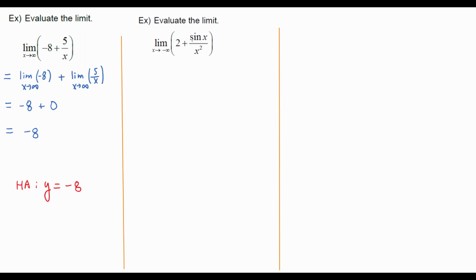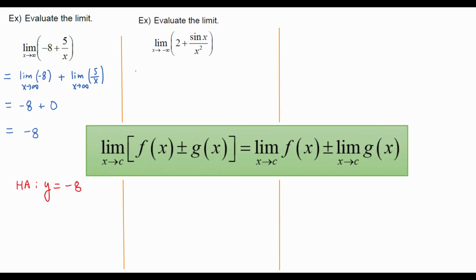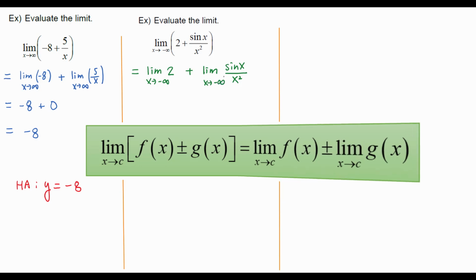Next example, evaluate the limit. I have a limit as x approaches negative infinity of 2 plus sine x over x squared. So again, we're going to split this and do the limit of 2 as x approaches negative infinity plus the limit of sine x over x squared as x approaches negative infinity.